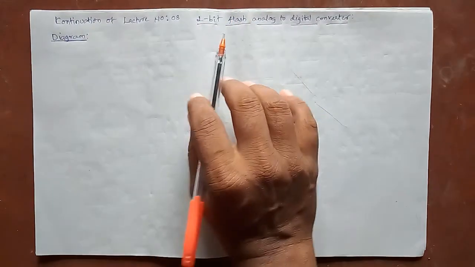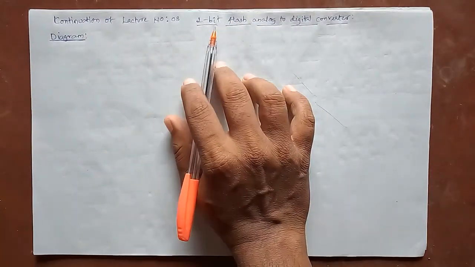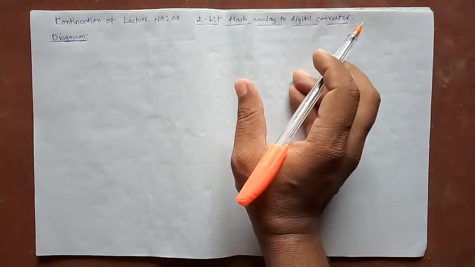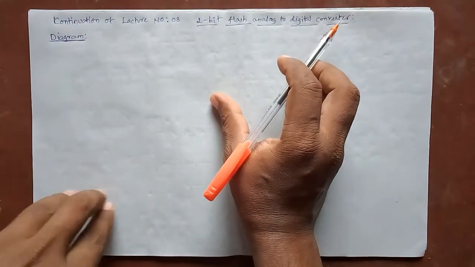To construct or to draw the 2-bit flash analog to digital converter, we need comparators.